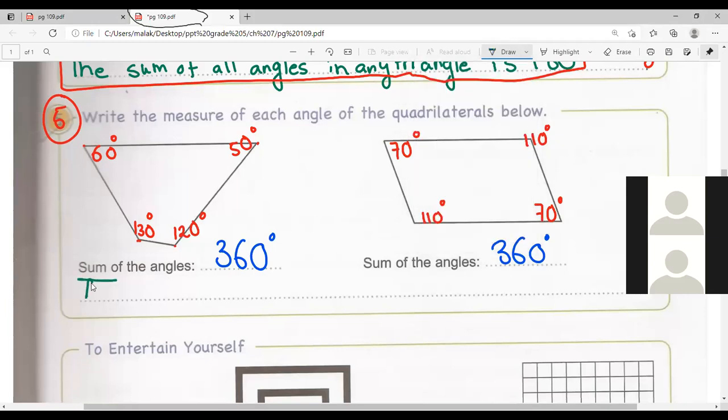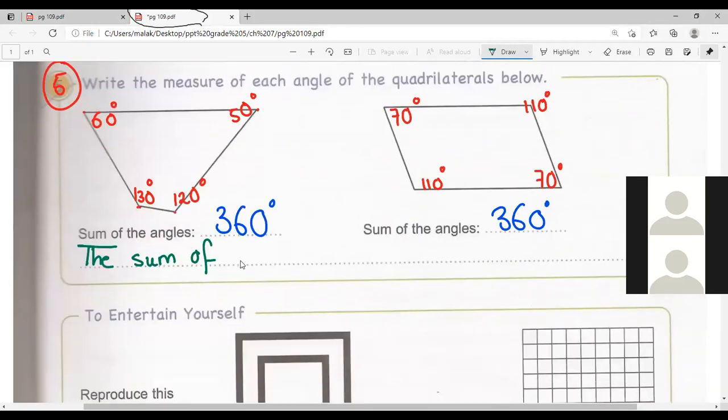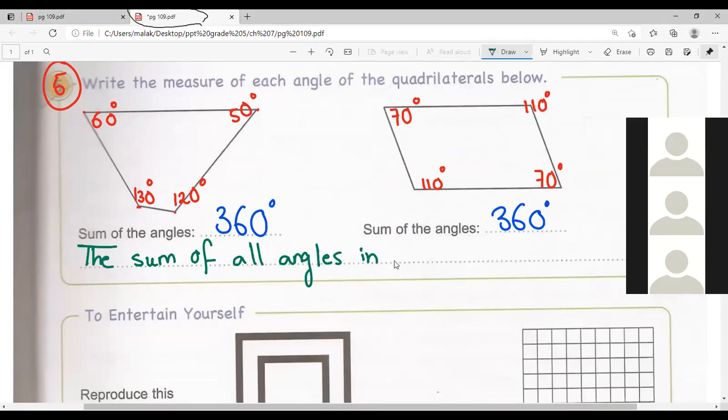The sum is 360. Bravo. So the sum of all angles in any quadrilateral is 360 degrees.